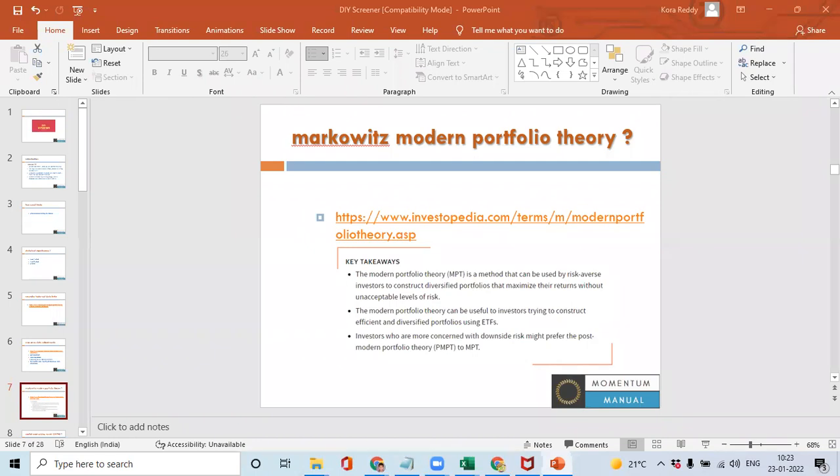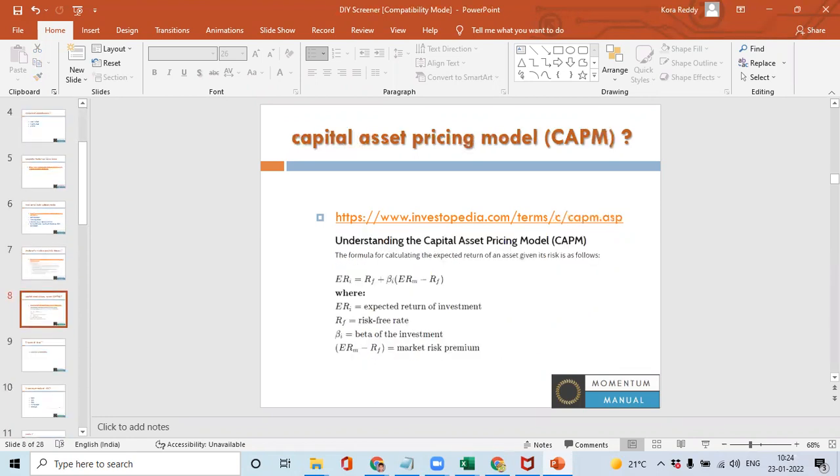I've given the links so you can read in your leisure time. As I said, even if the terminology looks complex and you don't understand the first time, read it again. Read it again and understand whatever you understand. You don't need to understand all the 100% that is written there. You just need to understand 5-10% just for the heck of it.